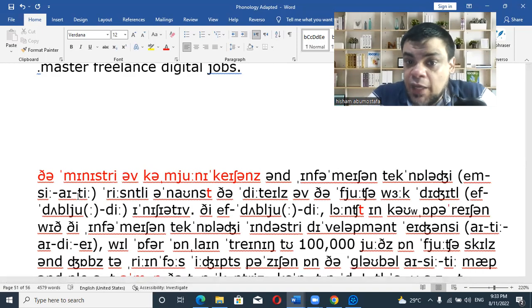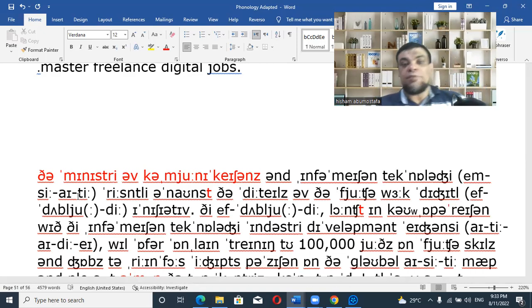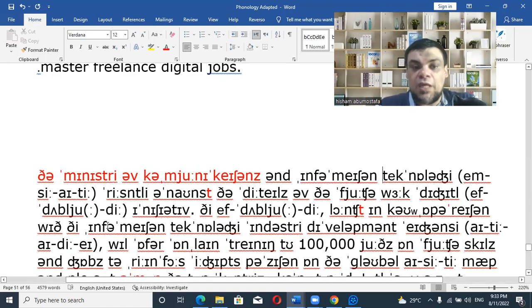Recently announced that, so here there is elision. Announced the details of the Future Work Digital initiative, FWD, initiative. So the stress here is on the second syllable, you can see.